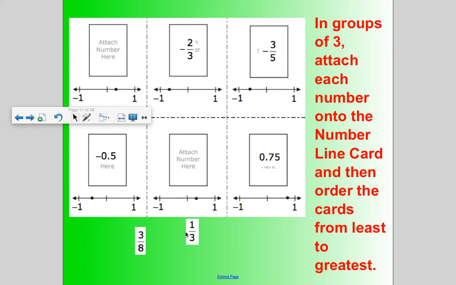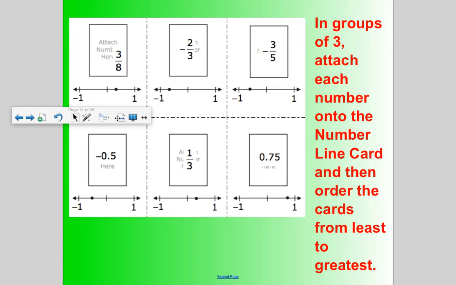So it's going to be 0.33 repeating, so that would probably be this one. And 3/8 is 3 divided by 8, which is 0.375. Isn't 0.375 greater than 0.333? So 375 thousandths is greater than 333 thousandths. So it must be this one.